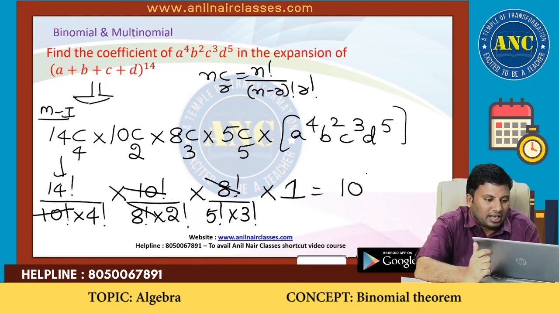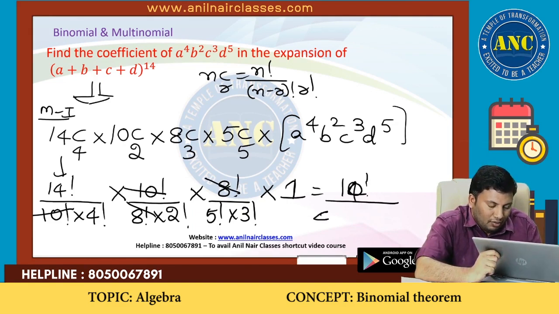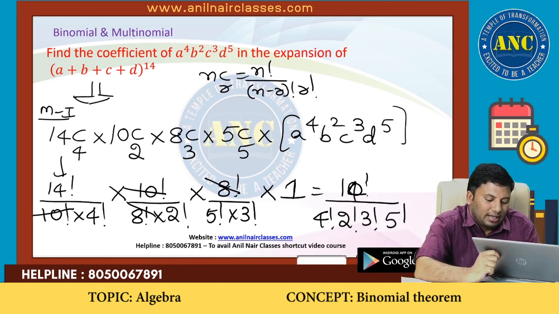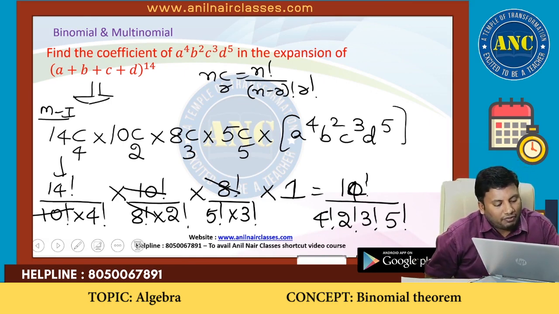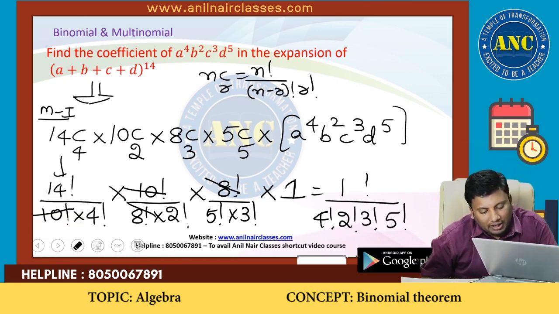So what is the answer? 14 factorial divided by 4 factorial, 2 factorial, 3 factorial and 5 factorial.